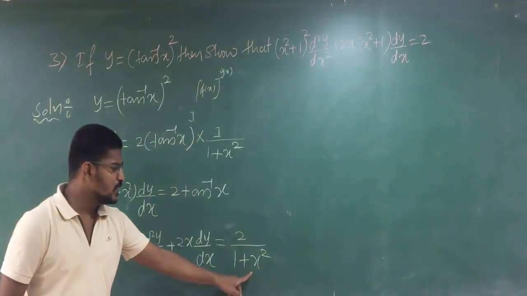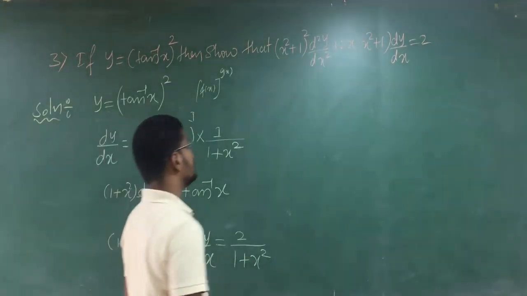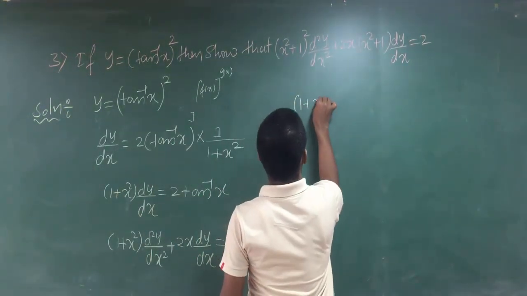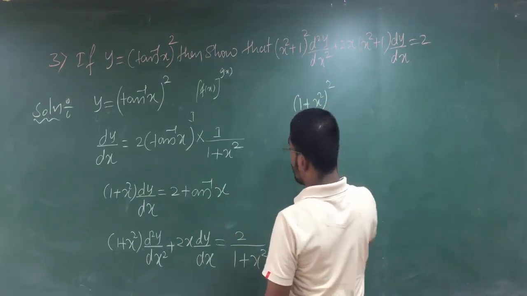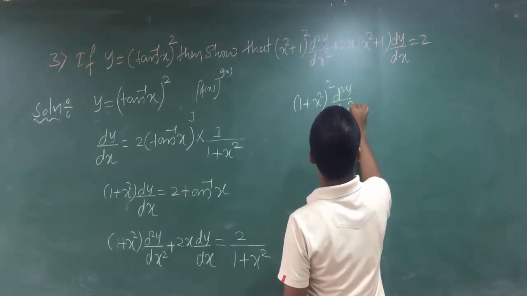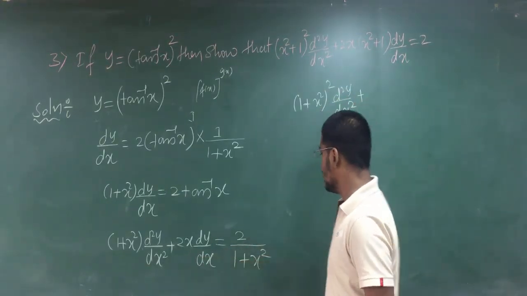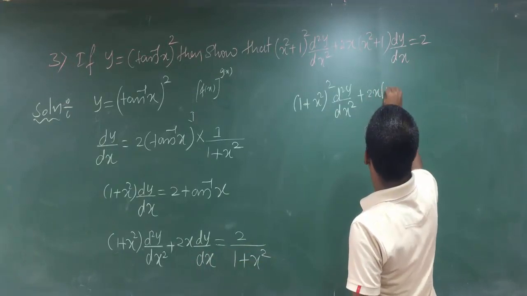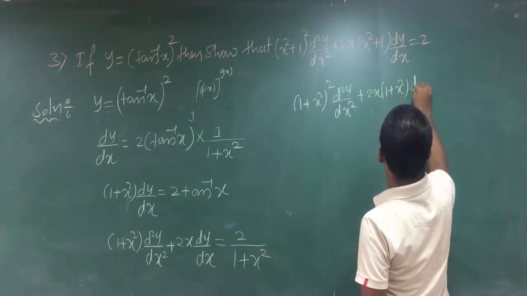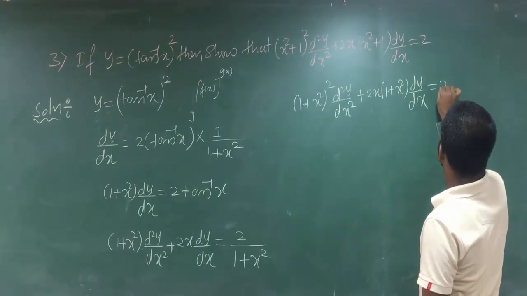Clear? Now you multiply (1 plus x square) to this term again. So what will it be? (1 plus x square) whole square into d square y by dx square plus 2x into (1 plus x square) dy by dx equal to 2.